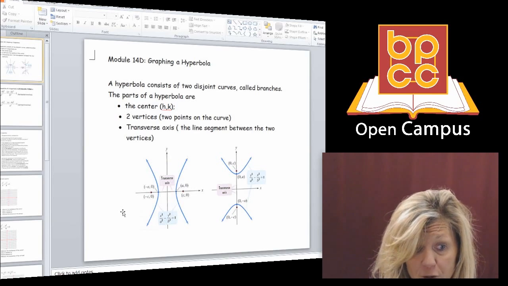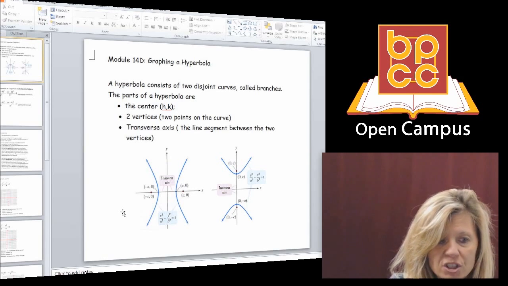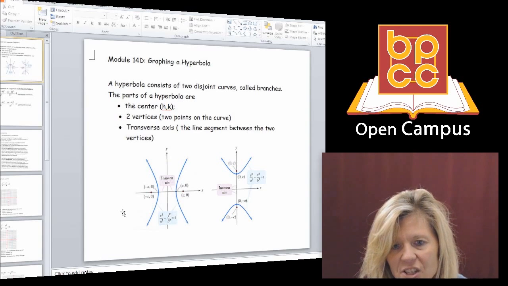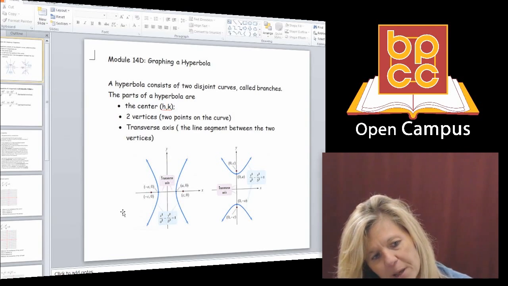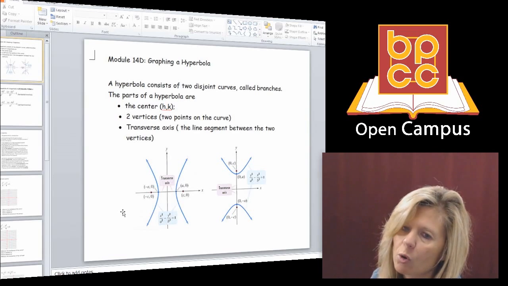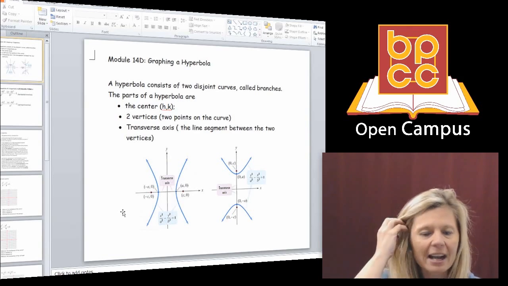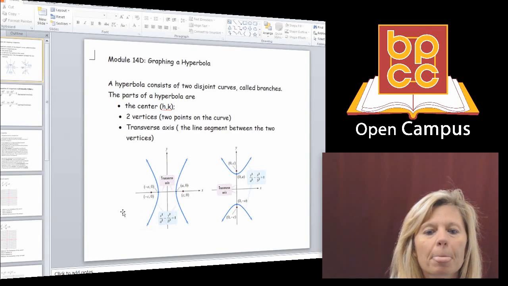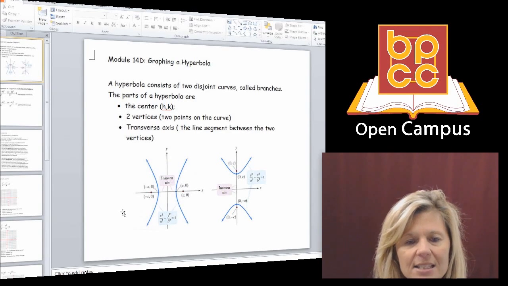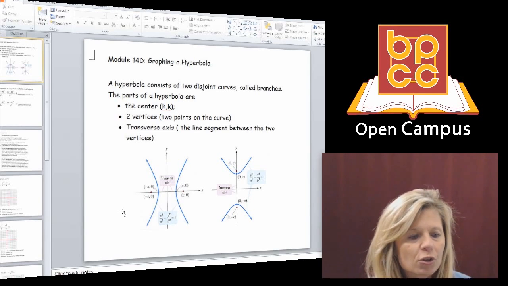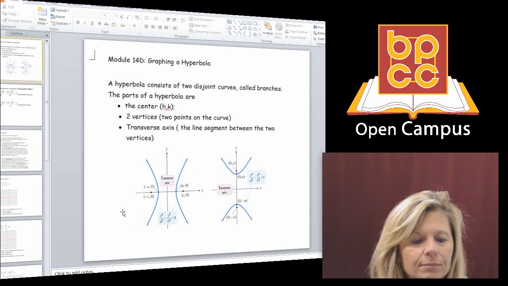In the first hyperbola, those two vertices are sitting on the x-axis because that hyperbola is split left and right. On the other picture, the two vertices are sitting on the y-axis because that curve split up and down. And then they have what they call a transverse axis, and that's the axis that connects the two vertices. So those are the parts of our hyperbola.